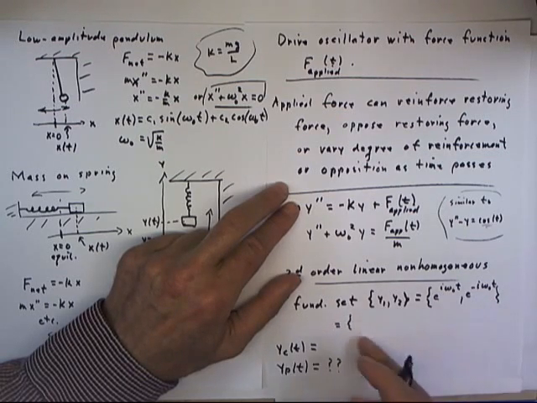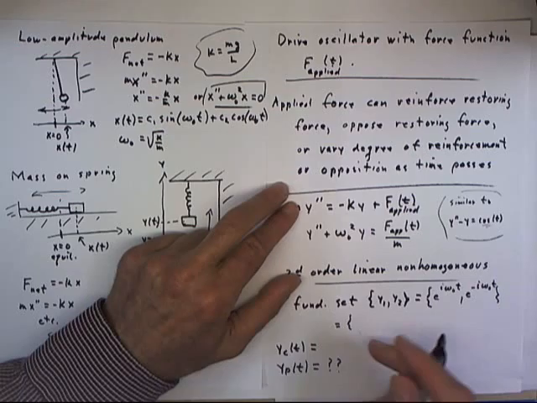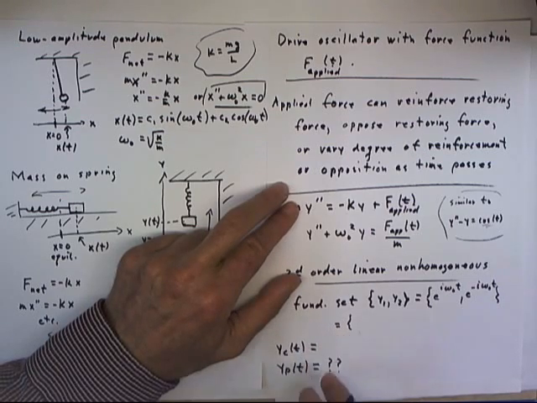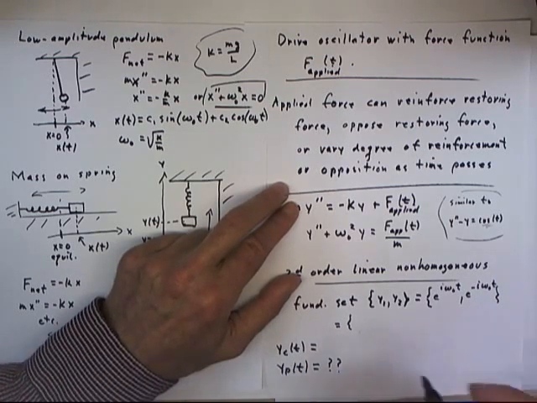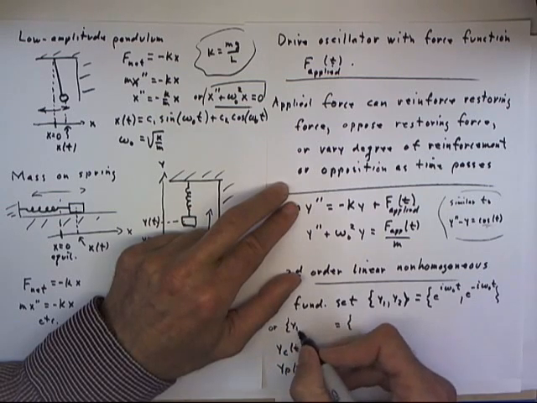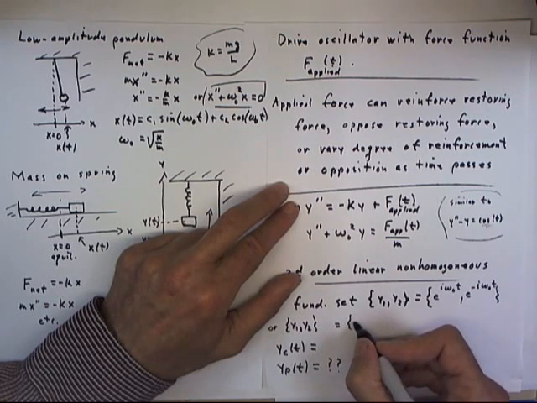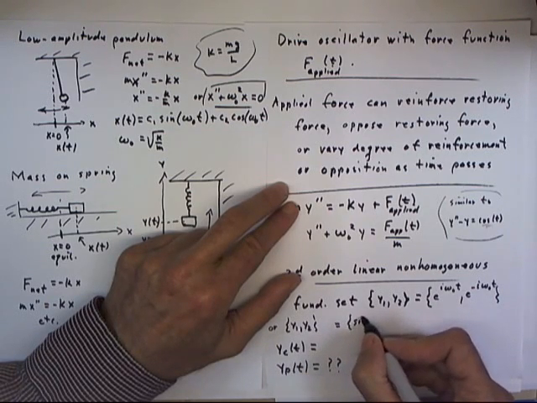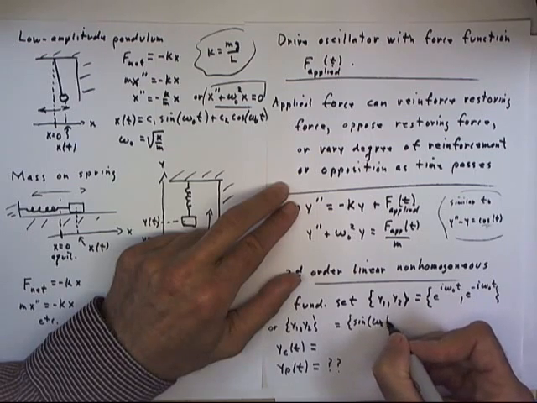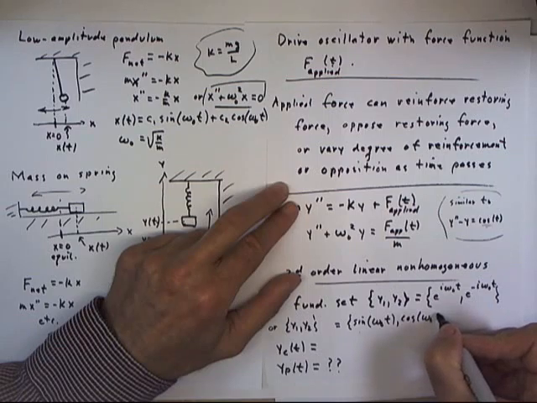And that would lead to a fundamental set. Actually, I've got an equal sign here, and that's not appropriate. Let's just say we could have another equivalent fundamental set, which is just going to be the sine of omega naught t, cosine of omega naught t.